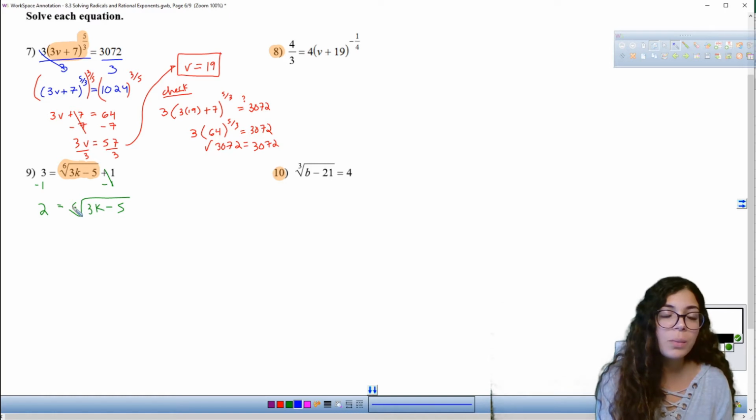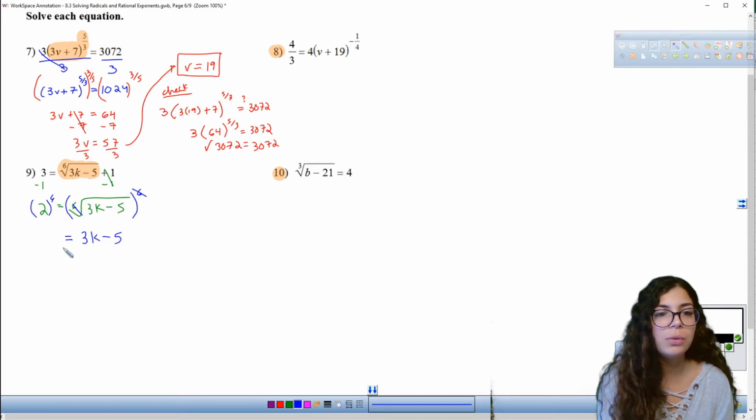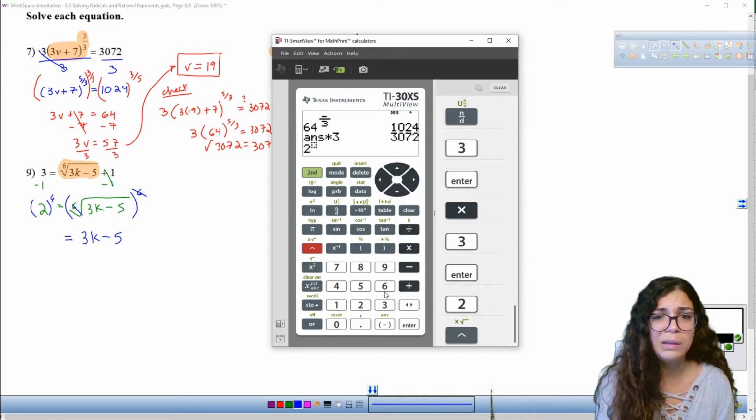Now, this is not the square root, it's the 6th root. So I will need to raise both sides to the power of 6 to cancel out that radical. So on the right-hand side, now I'll have 3k minus 5, and 2 to the power of 6 is 64? Yes.